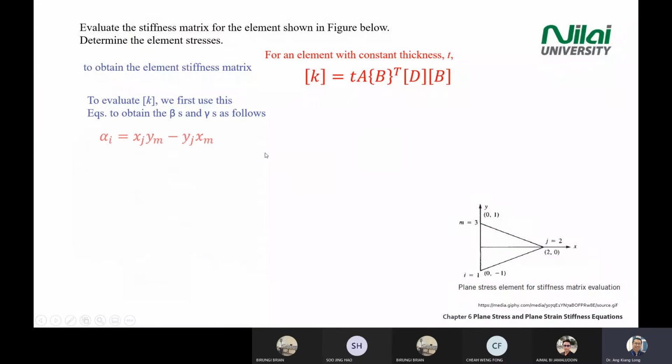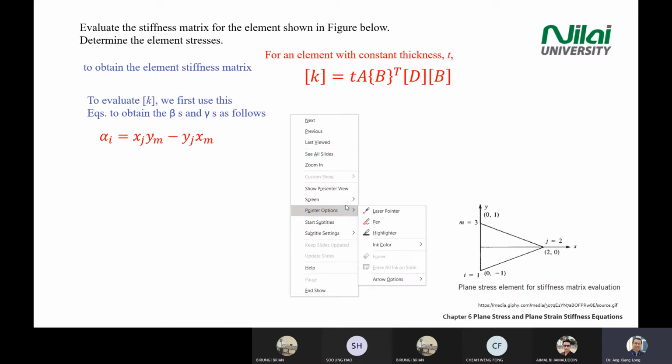So you calculate alpha i equal to xj ym minus yj xm. If you look at the diagram below, you know that your xj is the point j x coordinate, which is 2. ym is the point m y coordinate, which is 1.